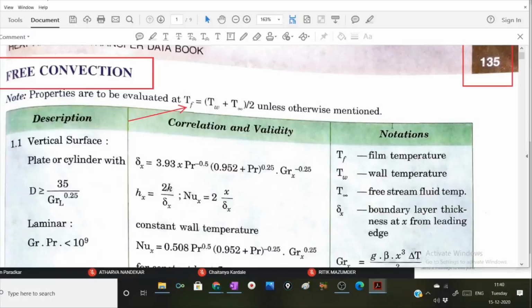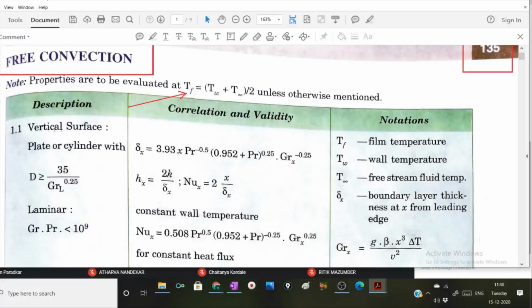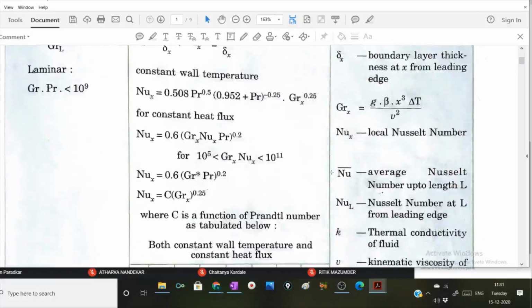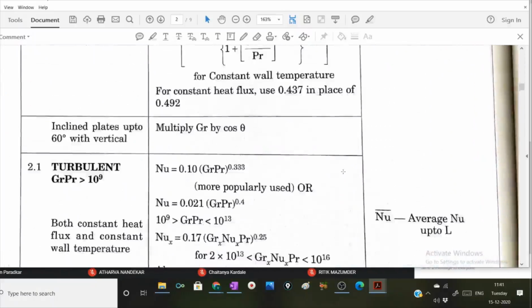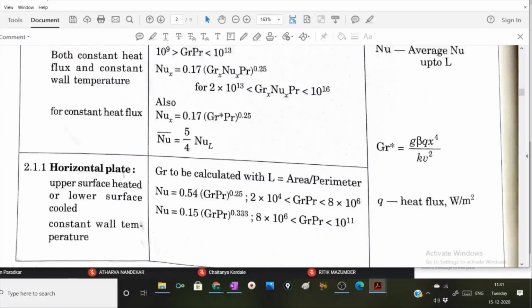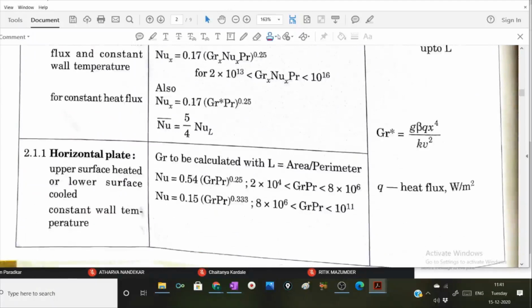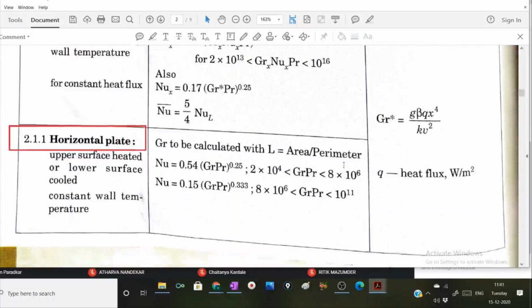Then flow is laminar, we have the value of GRPR. Then we have constant wall temperature boundary condition. So 1.1 is for vertical surface, so it is not of my use. I have to search the formula for horizontal surface. Yes, horizontal surface, this I got. Now 2.1.1 is for horizontal surface.